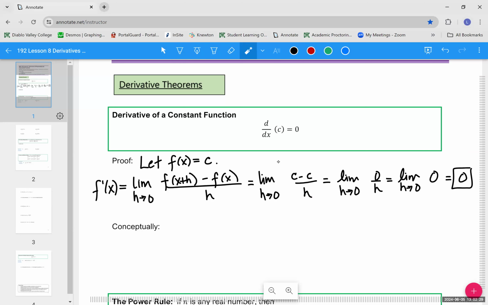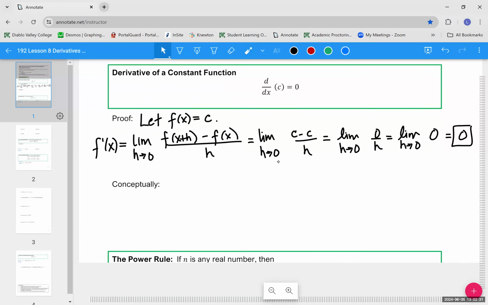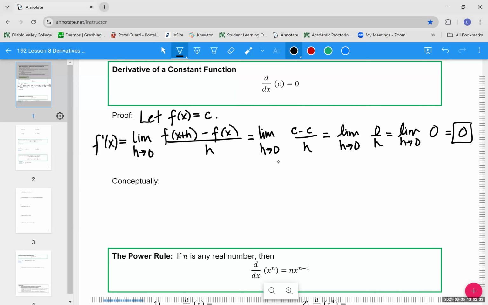Okay, and then just to push the idea of what is happening conceptually here, if I were to graph an f of x function that's constant, so it's a horizontal line, what is the rate of change of the y values? How are the y values changing? Oh, they're not, right?